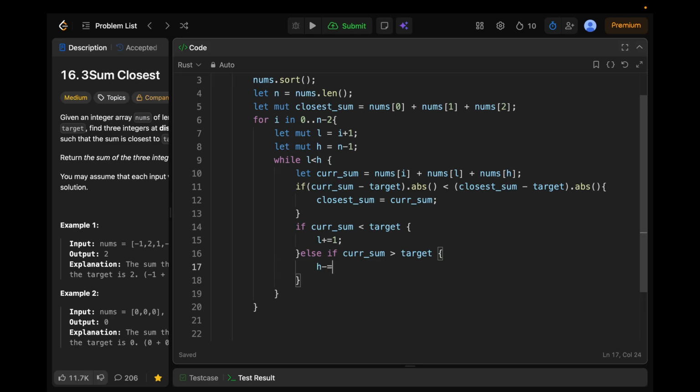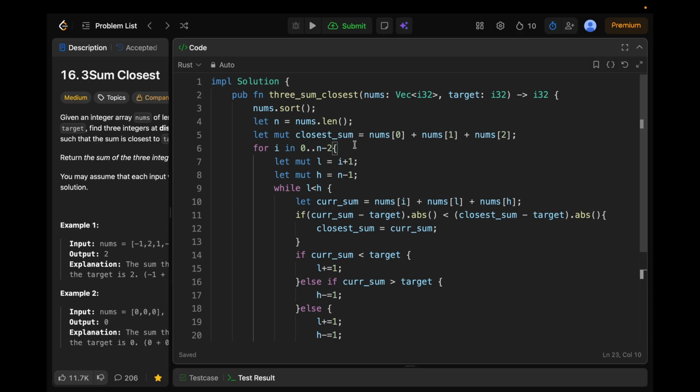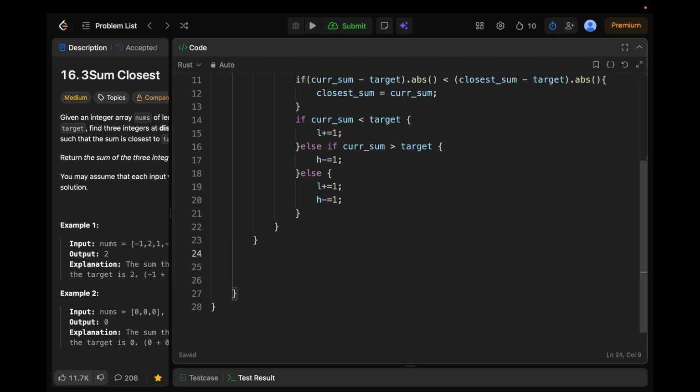In this case, I do high minus minus. And my final else case, I do low incremented by 1 and high decreased by 1. After coming out from this for loop, I have my answer stored in my closest sum.